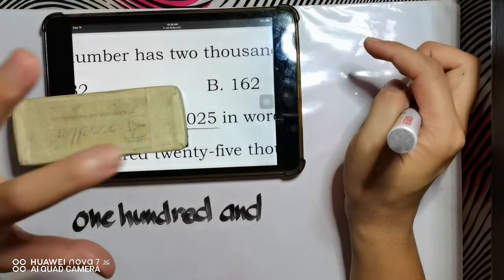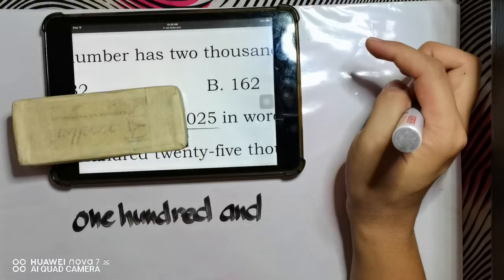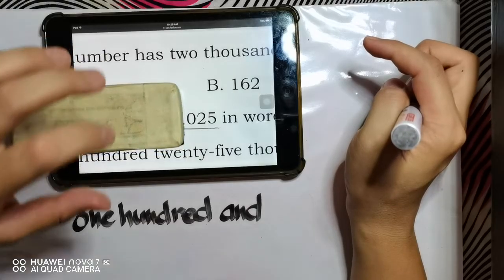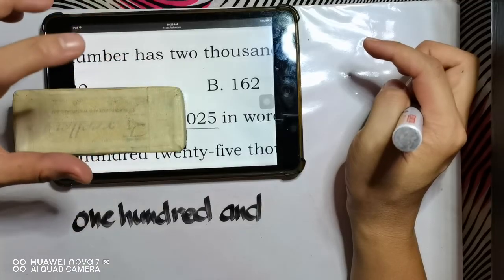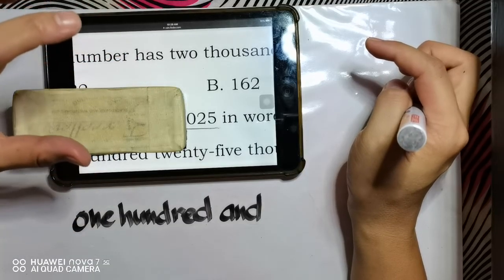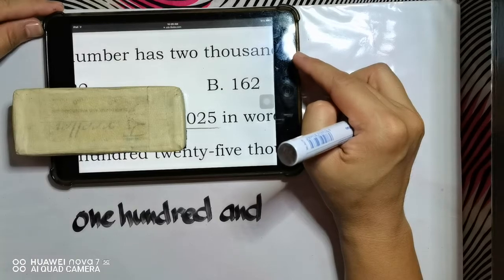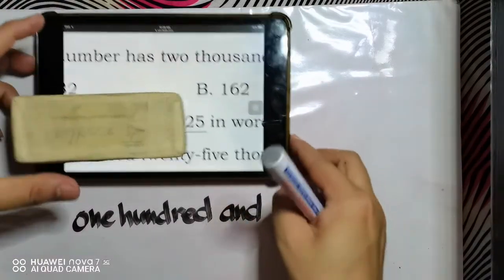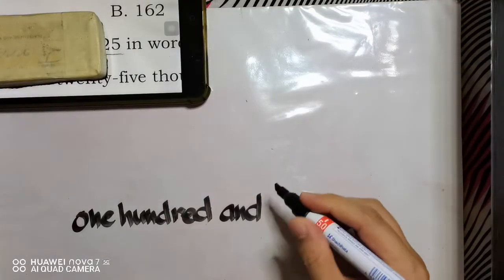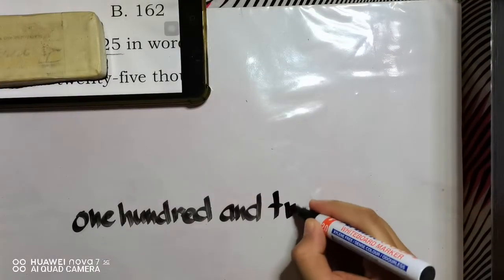Kung titingnan mo yung number na yan, how do you read that number? Diba? Babasahin mo ba yan na 025? Hindi. Kasi hindi naman natin binabasa yung 0 na nasa harapan. So, ang pagbasa dyan ay 25. So, you just have to write it down. So, 25.